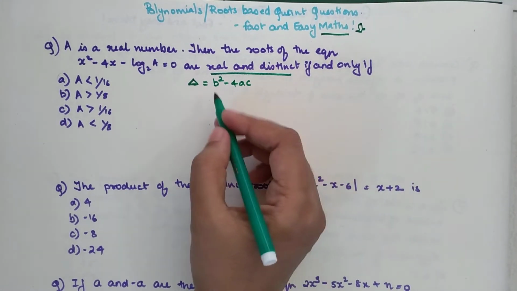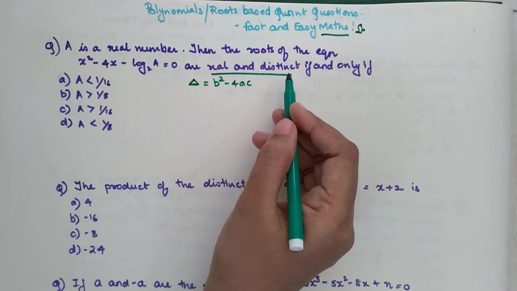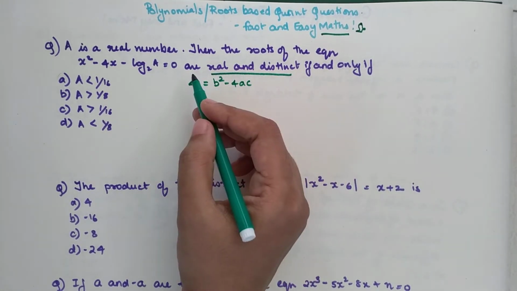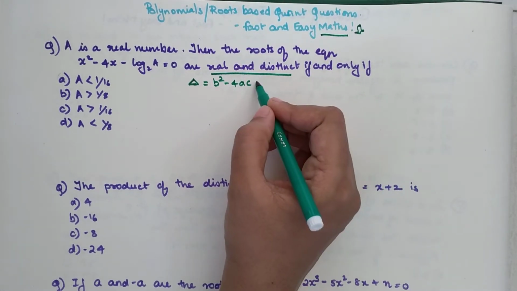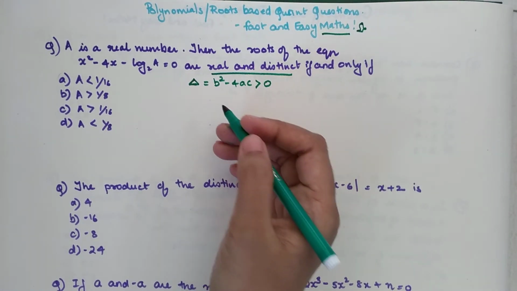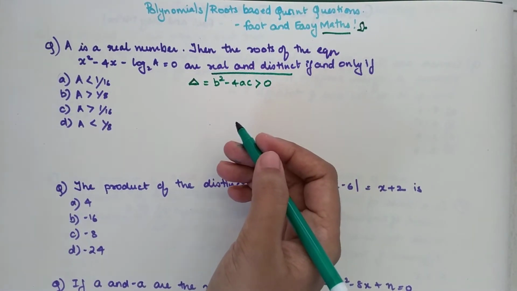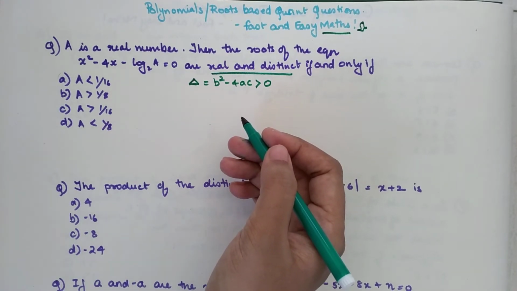This discriminant has different values for these different types of roots. When they say the roots are real and distinct, the discriminant will always be greater than 0. If they are imaginary, it becomes less than 0, and if they are real and equal, it becomes equal to 0.